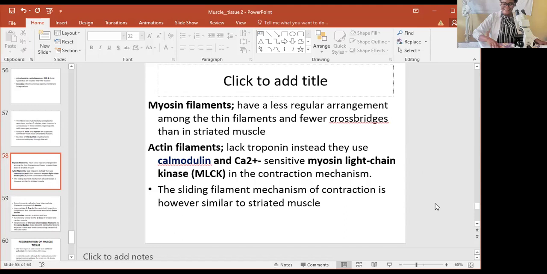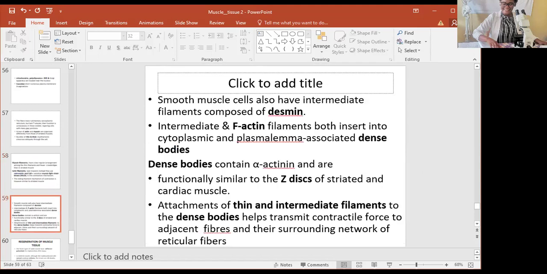Instead, they use calmodulin and calcium-sensitive myosin light chain kinase in the contraction mechanism. Smooth muscle cells also have intermediate filaments composed of desmin.